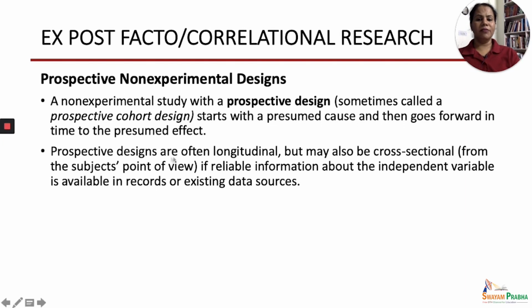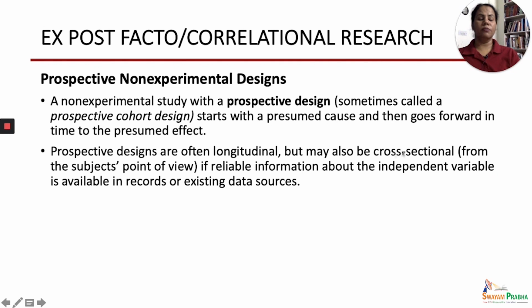So prospective designs are often longitudinal. Longitudinal means here we do not collect the data at one point of time, but we try to collect the data at different times, so that we can get to know how the presumed cause is resulting in the presumed effects at different times. But it may also be a cross-sectional design.